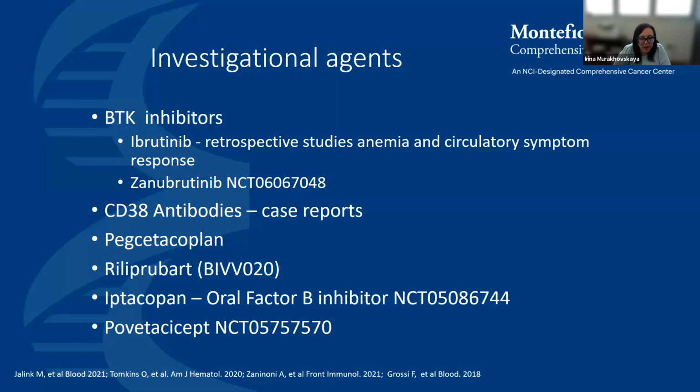Inhibition of both BAFF, which is responsible for B-cell survival and maturation and differentiation, as well as APRIL, which leads to suppression of B cells, suppression of immunoglobulin production, as well as plasma cell depletion. And this agent is also being studied in a basket study for autoimmune hematologic conditions, including cold agglutinin disease.